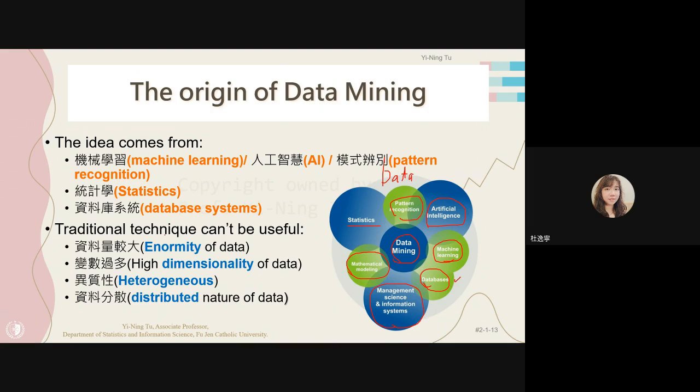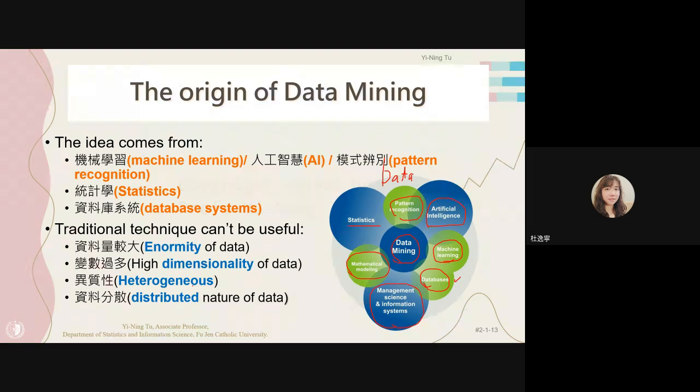Okay, because the traditional techniques cannot be useful because of the enormity of data, 资料量过大, the high dimensionality of the data, so we have to do the dimensionality reduction, and the heterogeneous, 就是异质性的资料. Sometimes we have graph, text, video, right? Music is different, but we want to process together and mine something.